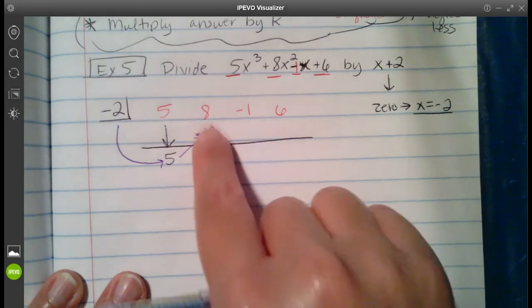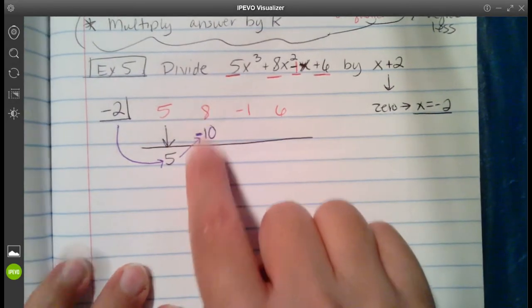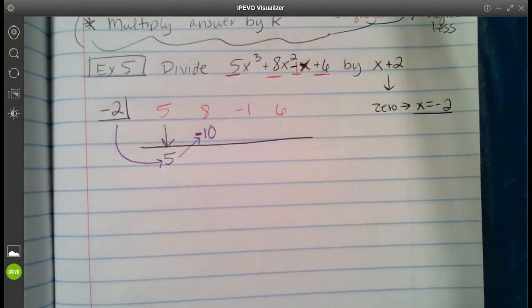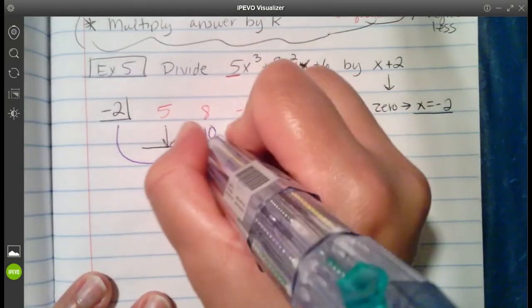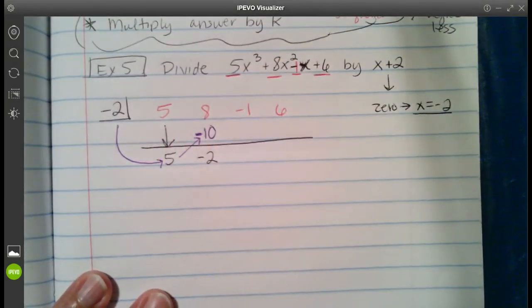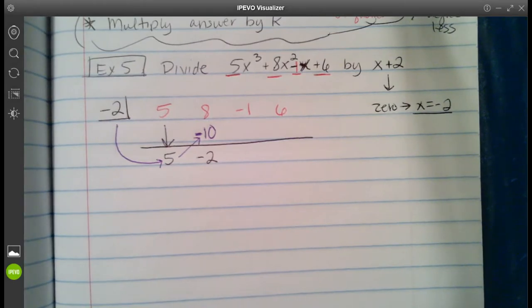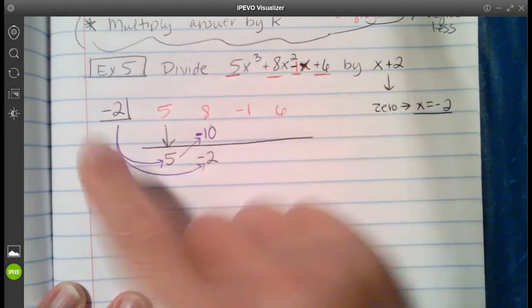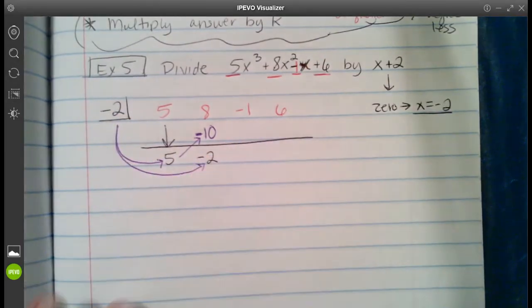We combine these two, 8 minus 10 is going to be negative 2. We do it all over again. So multiply, negative 2 times negative 2 is positive 4.